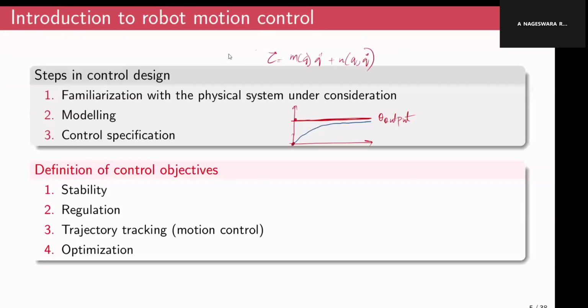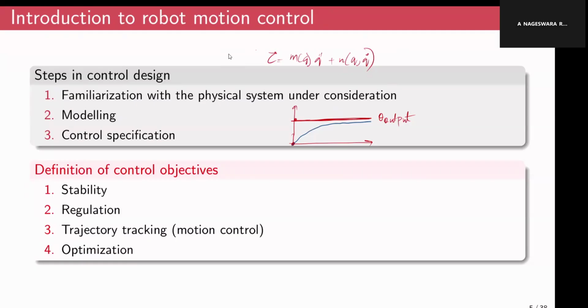And another aspect is the control objectives, which are stability, regulation, trajectory tracking, and optimization. So the most important control objective would be the stability of the controller. For example, if we are not bounding our control inputs, maybe if due to some reason the control input is going out of bounds, the system will become unstable.